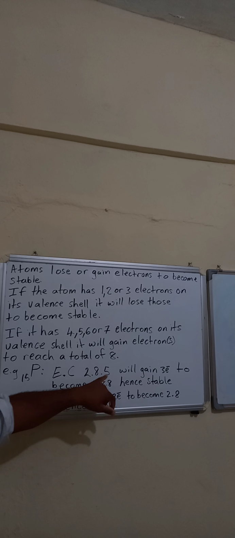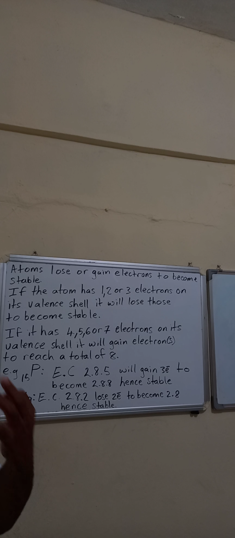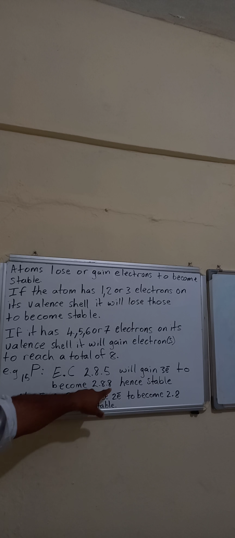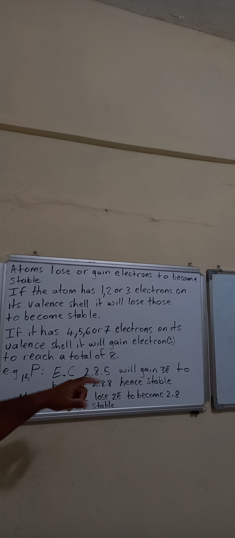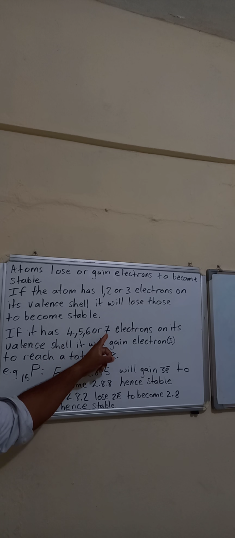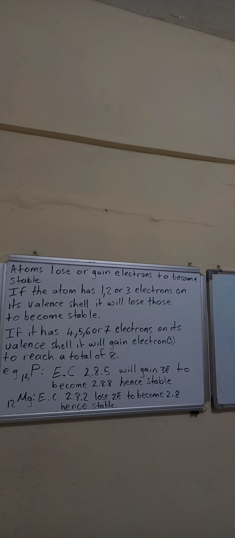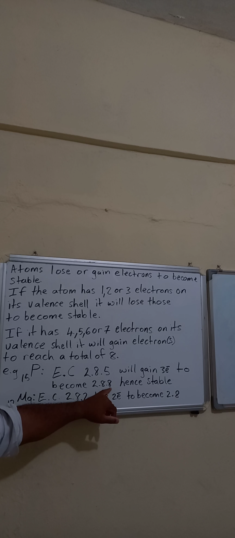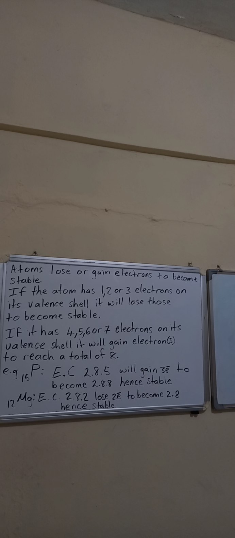So if phosphorus has 5 valence electrons, it will need to gain 3 more in order to have 8. Because remember now, once it has 8, it is stable. So once it's 4 to 7, they will gain electrons. So phosphorus is 5, it would gain 3 more to reach 8. If the valence electron was 6, then that atom would gain 2.